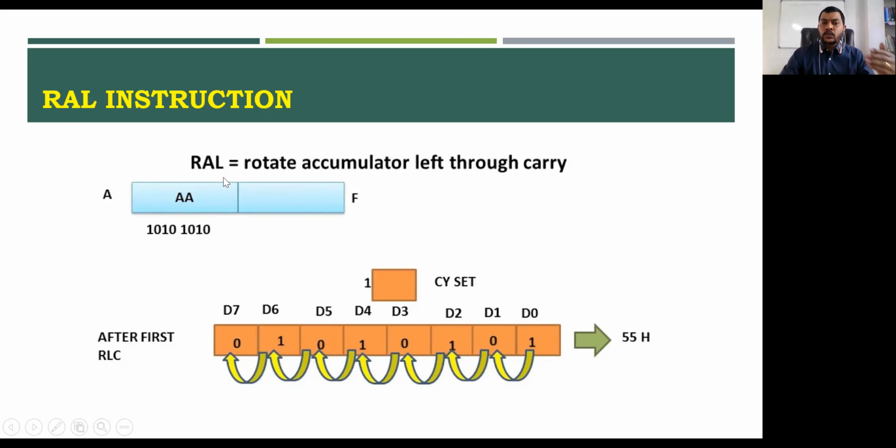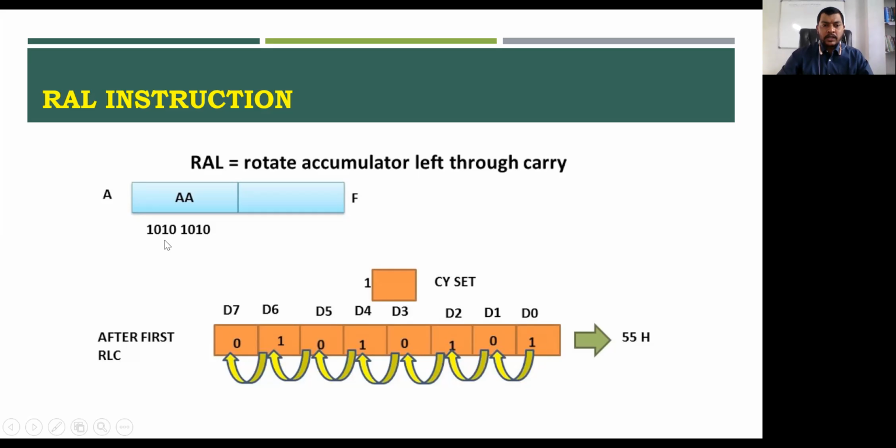When I use this instruction, RAL, rotate accumulator left, the data is rotated likewise, and through carry. So if I imagine that a 1 is there in the carry, that carry is rotated into the LSB.